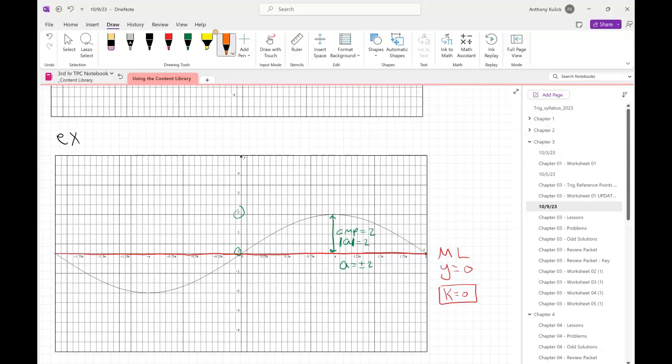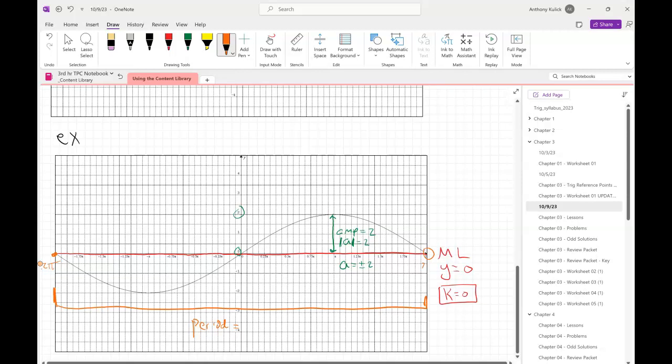Okay, let's look at the period. So the period is going really from this midline point here all the way to that midline point there. So how far is that? If I started at negative 2 pi down here, and we ended at positive 2 pi over there, how much period did we cover? 4 pi's.